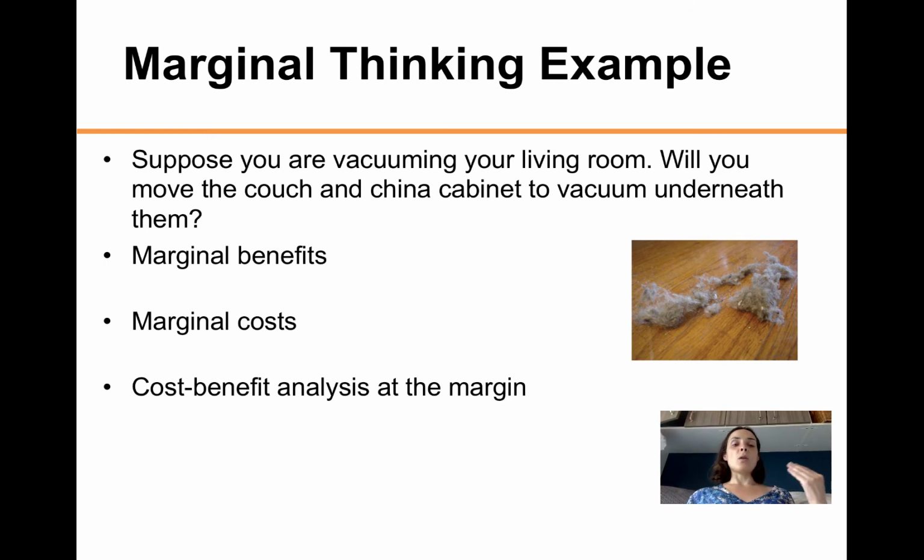So will you move your couch and china cabinet to vacuum underneath? You're gonna think about the marginal benefit of doing that, right? The house is gonna be additionally cleaner on the margin. But then, what is the marginal cost? Well, your china cabinet and your couch are probably very heavy, right?